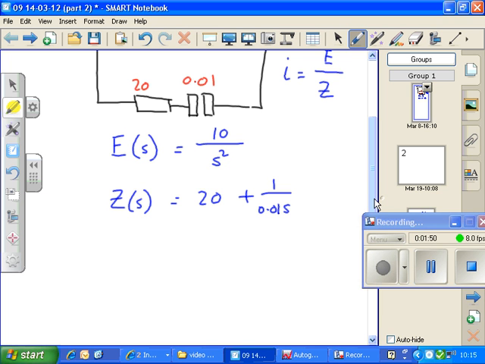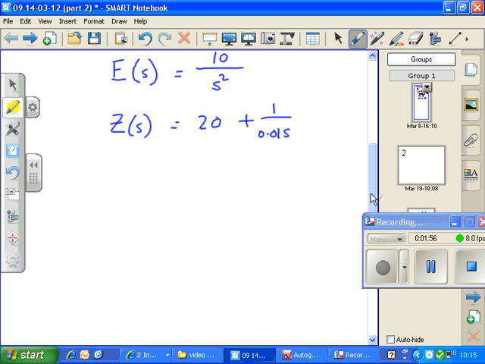So, putting this circuit into Ohm's law, we get I(S) equals E over Z(S). Transform those, put those transforms in and see how you get on with the algebra. I'll pause every now and then and you can see if you can carry on from there.